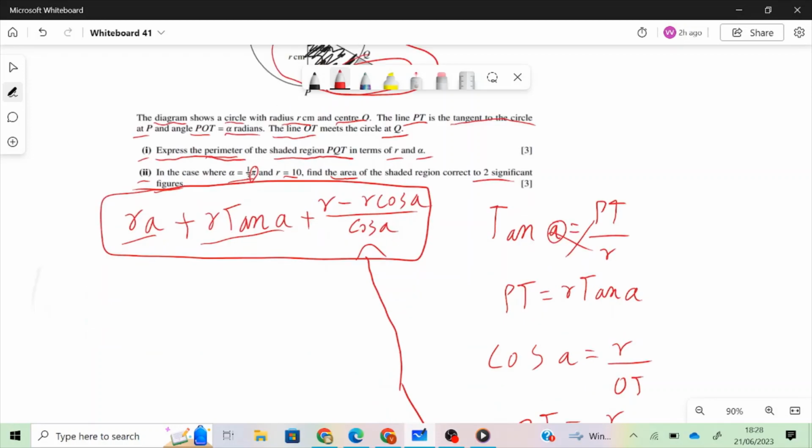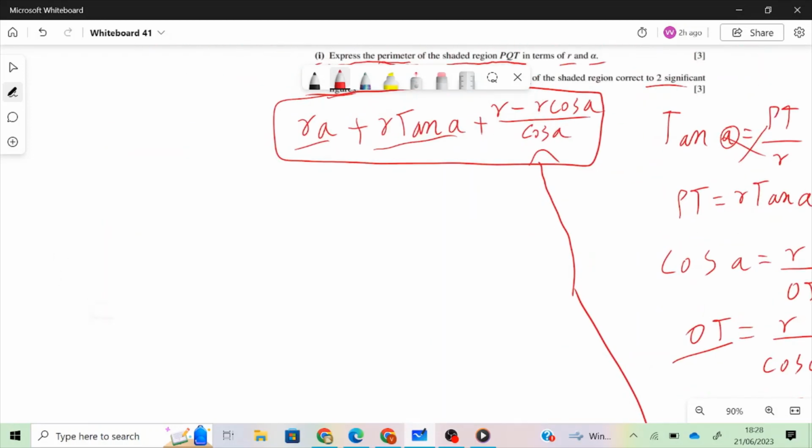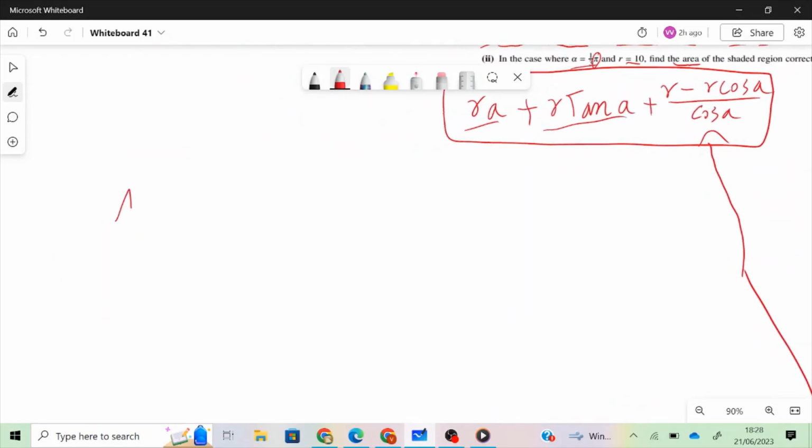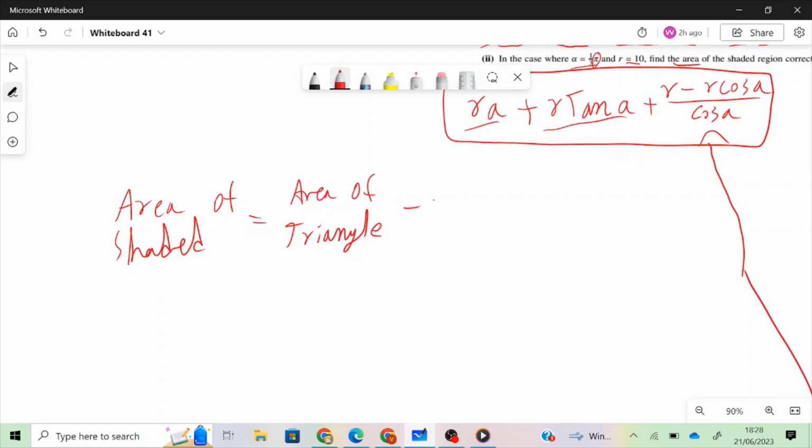So in this case, the formula that we will be using is simply: area of shaded region is equal to the area of the triangle, minus area of sector.